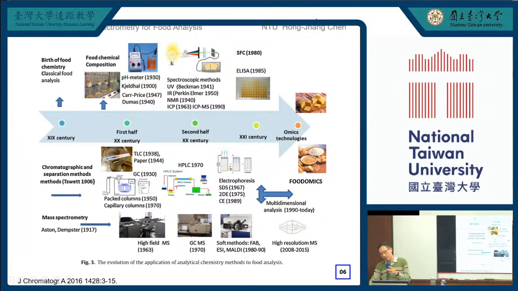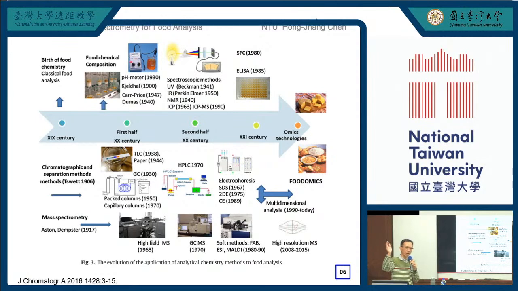In food science, they call it foodomics. I'm not sure this term is right or not. If we remind ourselves, genomics means there is a genome, so we detect all of the genome. For proteomics, they have a proteome, so we detect all of the proteome.